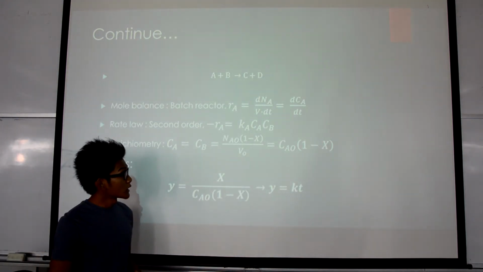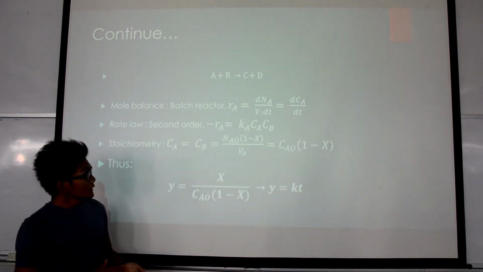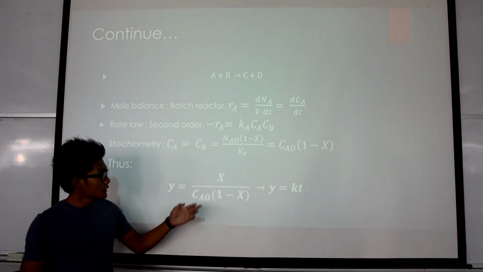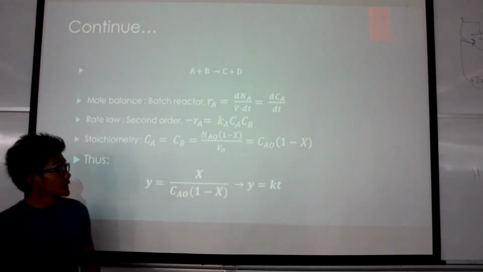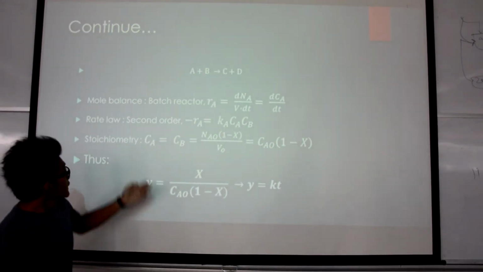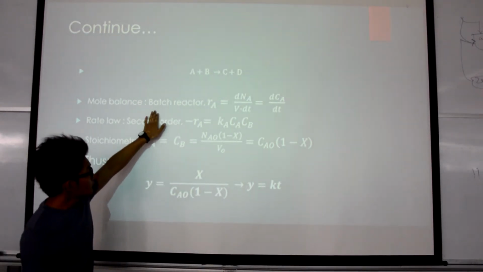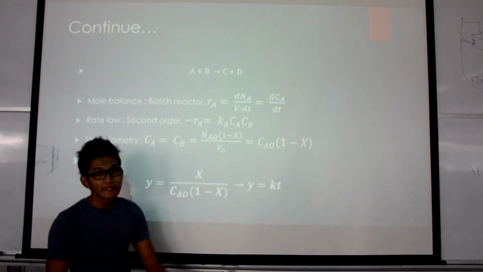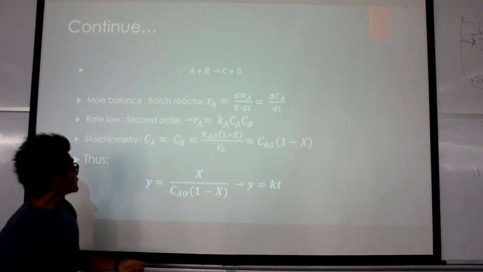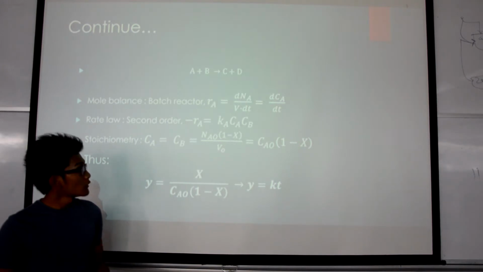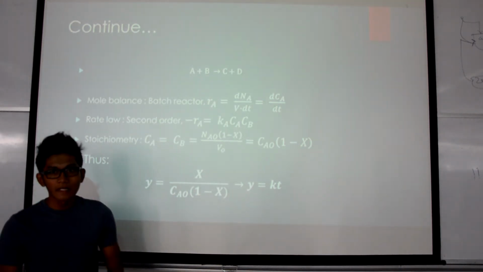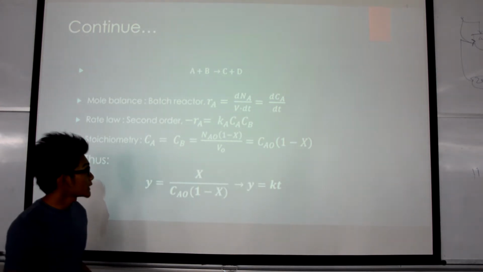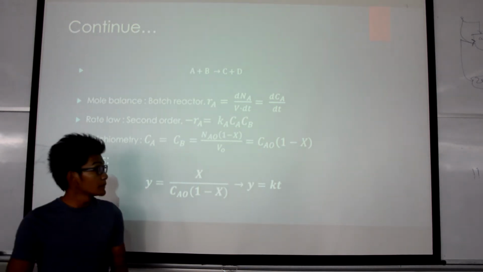We move to the calculations part. Here we can see how we get x over CA0(1 minus x). First of all, we get the mole balance for a batch reactor, which is rA equal to dCA over dt. Then we obtain the rate law from the stoichiometry of the reaction, which is minus rA equal to k CA CB.